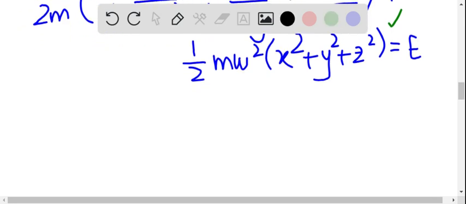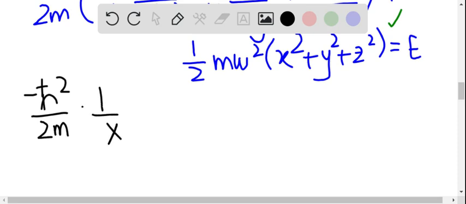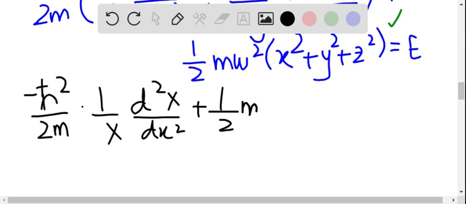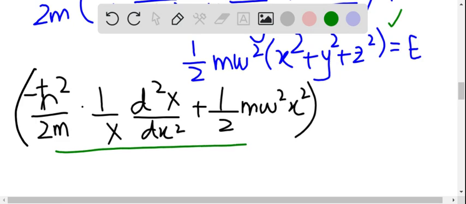So then this equation would become negative h-bar square divided by 2m into 1 divided by X d square X divided by dx square plus 1 divided by 2 m omega square x square, right? So as you can see, this is one term containing all the things containing the variable x, right?